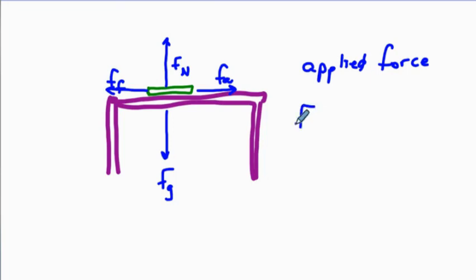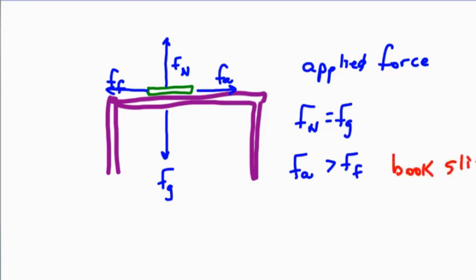Okay? So remember that our normal force is going to equal our force of gravity, just in different directions. Okay? So now we're looking at the applied force compared to the frictional force. If the applied force is bigger than the force of friction, then the book slides in the direction of the applied force, that way.